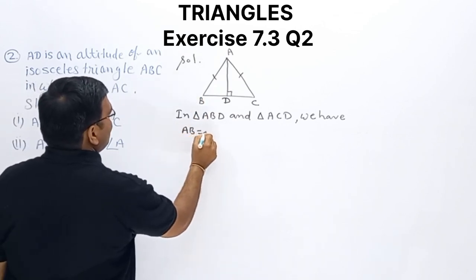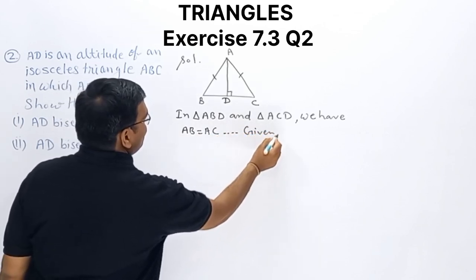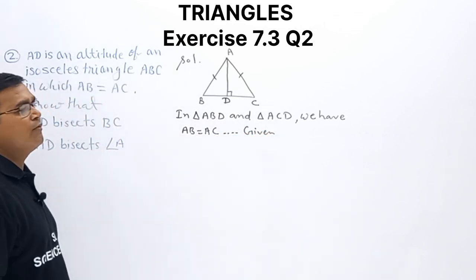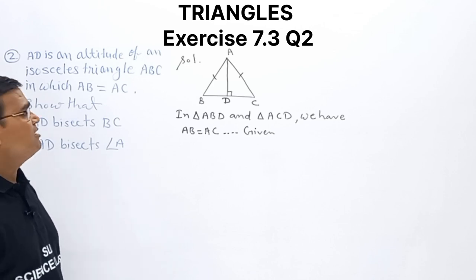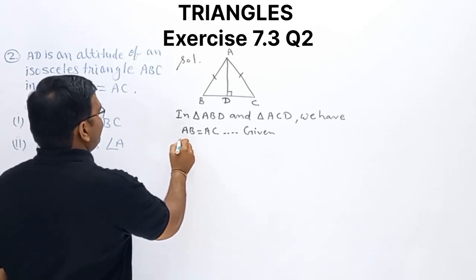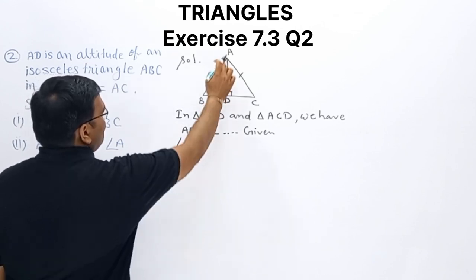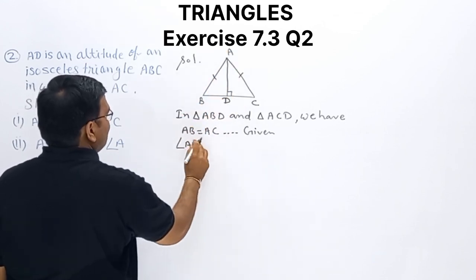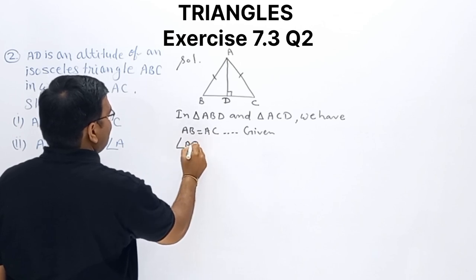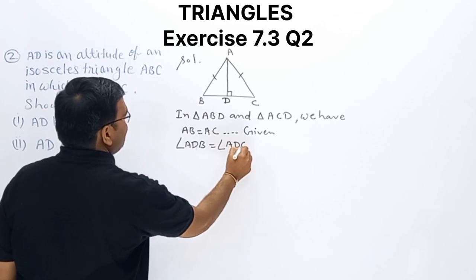AB equal to AC. It is given in the question. Both sides are equal. Why? Because this ABC triangle is an isosceles triangle. Now next one, angle ADB equal to angle ADC.